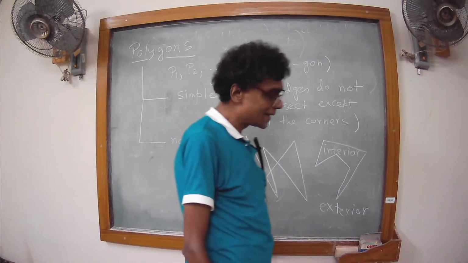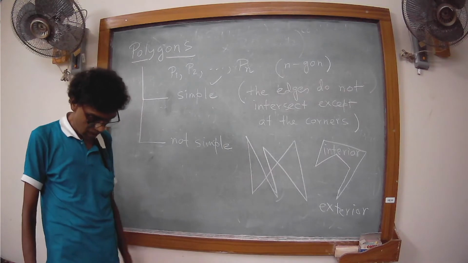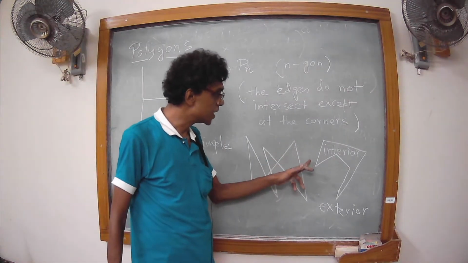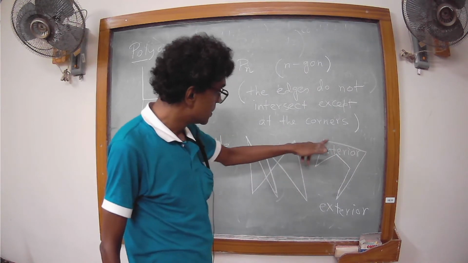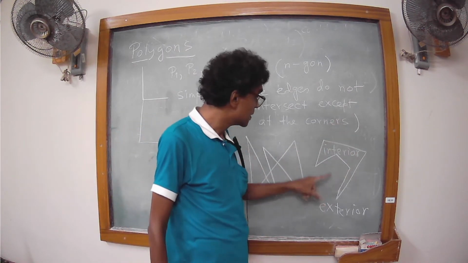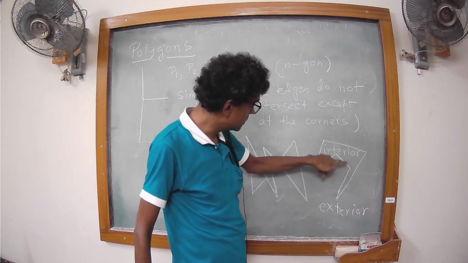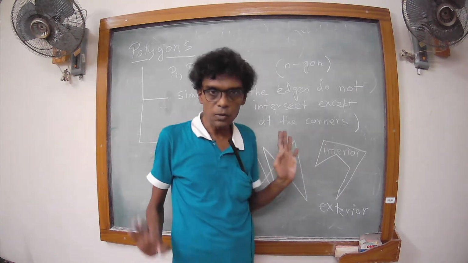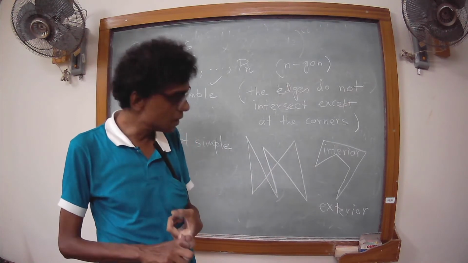Like lines, I would say, I can give an orientation to any simple polygon. Okay. Again, simple polygon only. So, one is this, the other one is this. There are two orientations. For a simple polygon, how do I distinguish?